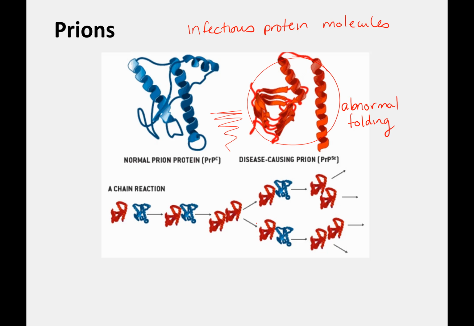And when it does, it acts like a domino effect, and it actually makes the normal folded proteins become abnormally folded. So it's this chain reaction. Once you get this bad prion, it will cause your other normal proteins to fold incorrectly, and then these start to clump up and they cause cell death.